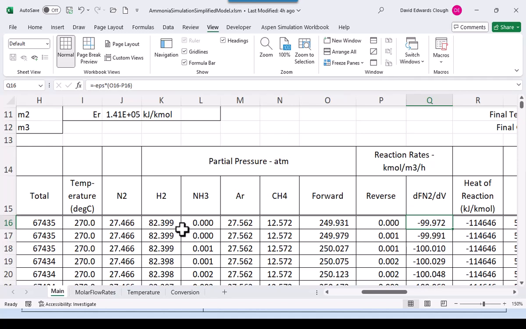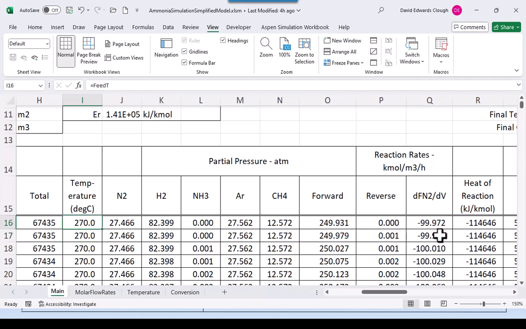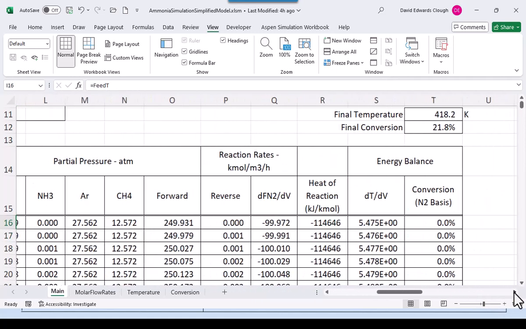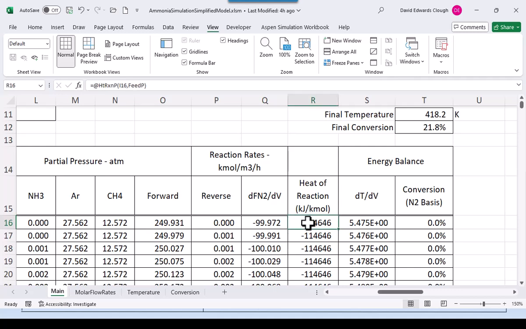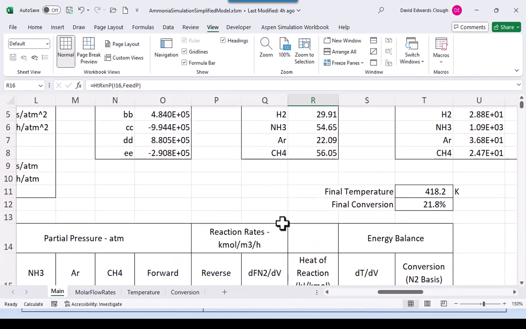So beyond that, we look over here and we see the temperature, and this is the feed temperature. Sorry about that. And then we come across and we have the heat of reaction, and there, and I don't need this @ sign, we use a user-defined function in VBA to calculate the heat of reaction according to the formulas on the slides, given the temperature and the pressure, okay?